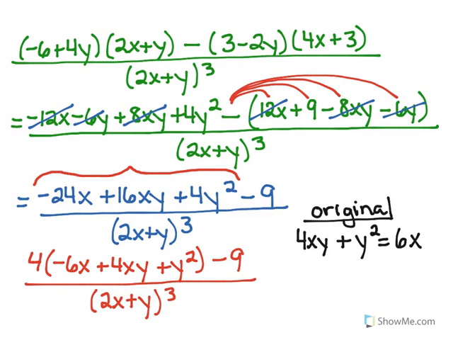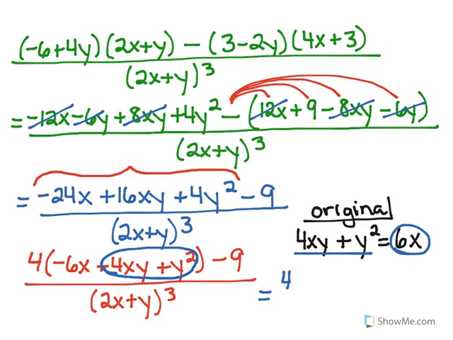And now I see something familiar. Now I have 4xy plus y squared. 4xy plus y squared was equal to 6x. So now I can substitute.